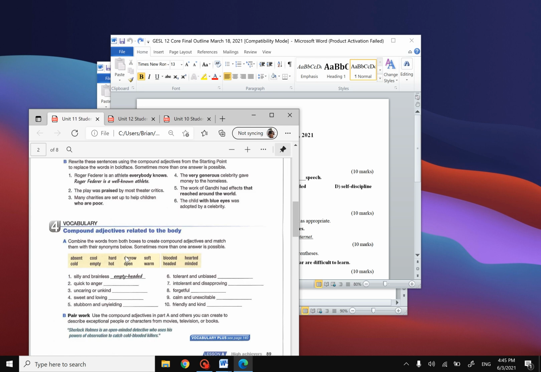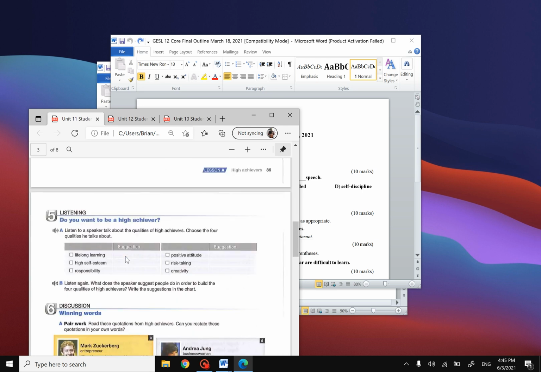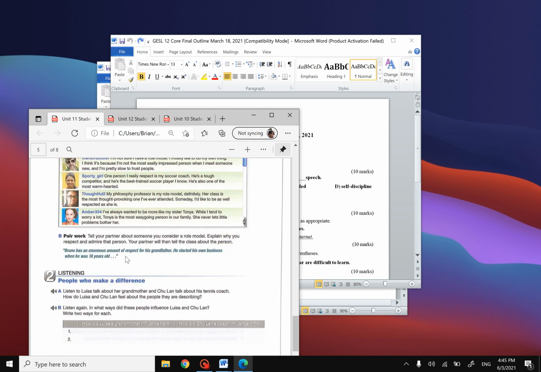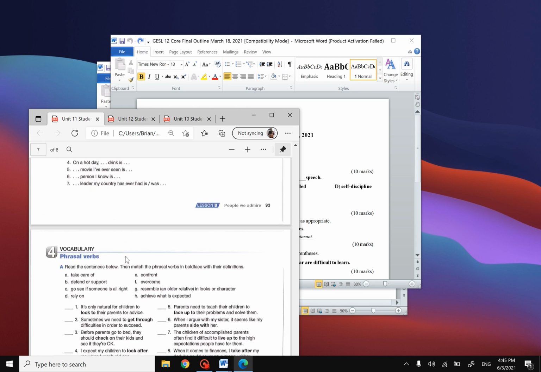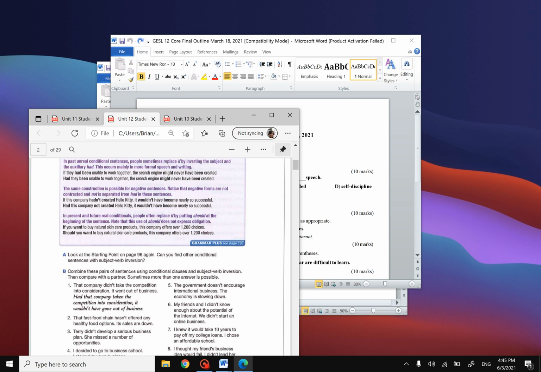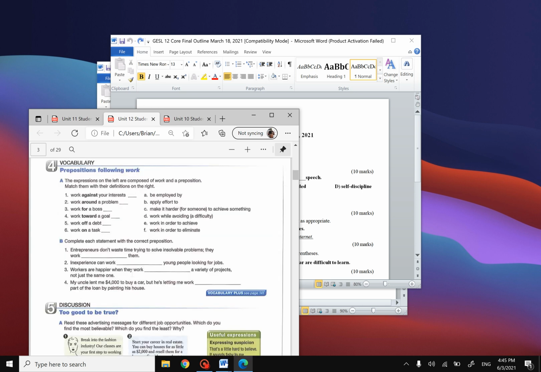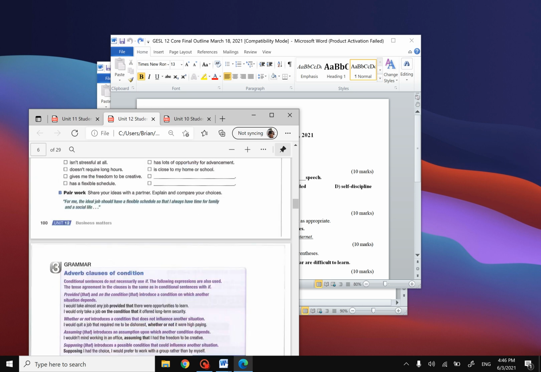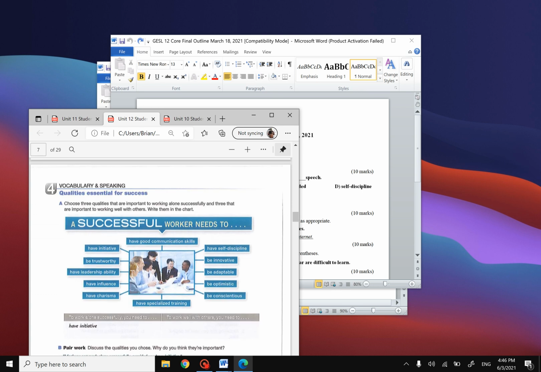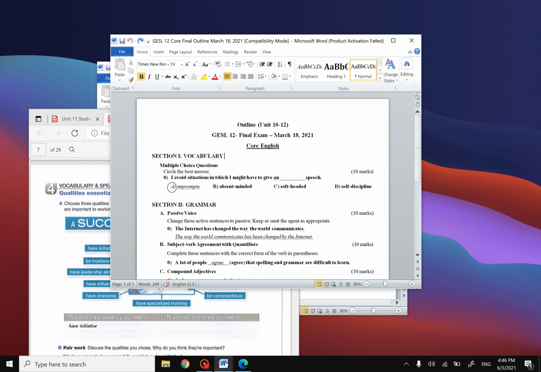One is the compound adjective related to the body, and the other one is phrasal verb. And Unit 12 is about the preposition with work, and the one that we just studied in the previous session, which is quality essential for success. So please do review vocabulary from all of these points, and you're covered, you're fine.